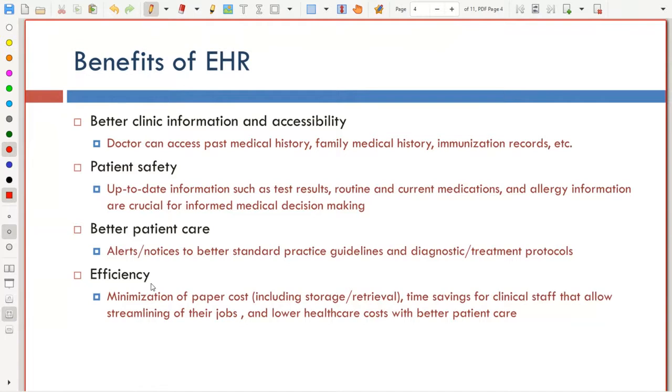So they should be the same. Otherwise they will not be useful. So let's just consider them as maybe different versions of EHR. They are not very different from EHR. I cannot say that they are different.